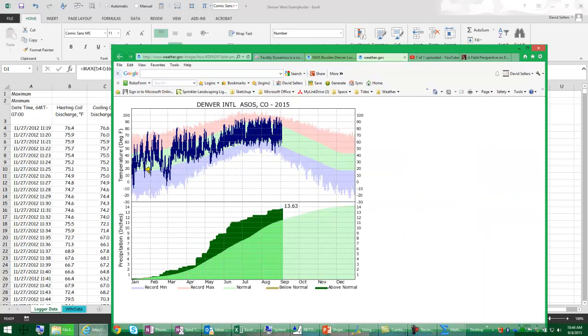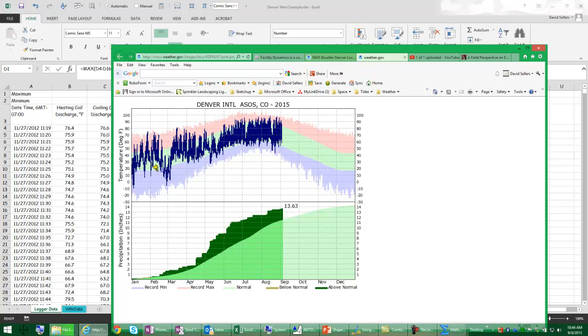Okay, so here's the normal band of temperatures in Denver. You have a low in the teens and a high in the upper 70s. We collected data and it was between 28 and 57. So we actually saw a significant range of the temperatures that occur in Golden.